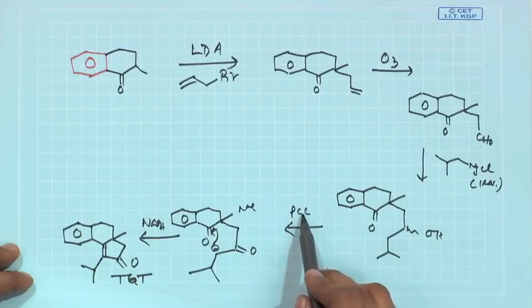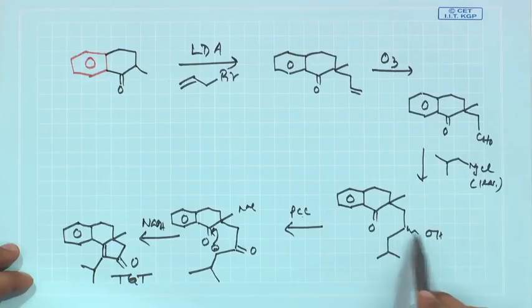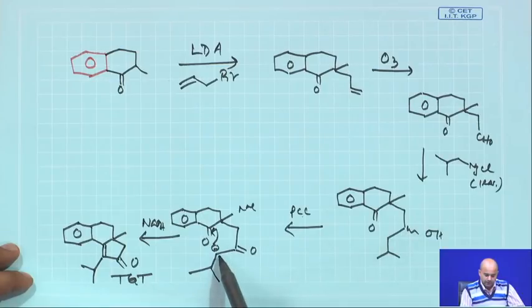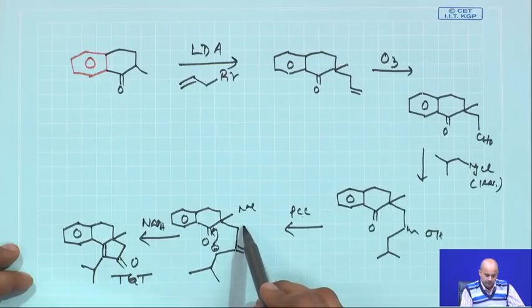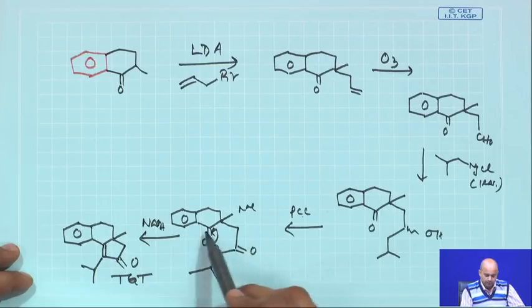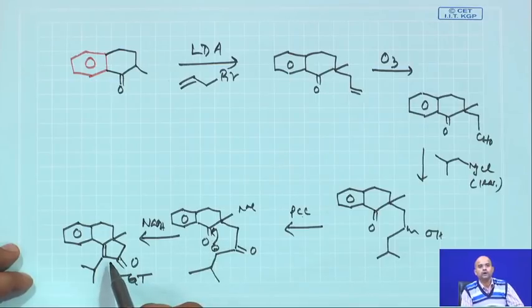PCC mediated oxidation will give you the ketone. Now, we have a diketone. Now, out of this diketone only this ketone has alpha hydrogen here as well as here. Now, if this hydrogen is abstracted, there is no possibility that an aldol reaction takes place, only this hydrogen will be abstracted by this base, and then it can undergo intramolecular aldol reaction followed by water elimination to give you this target molecule.